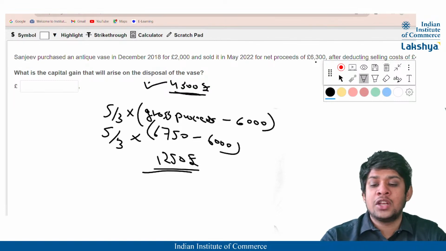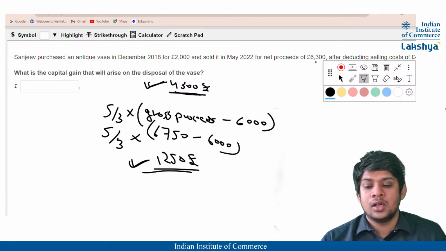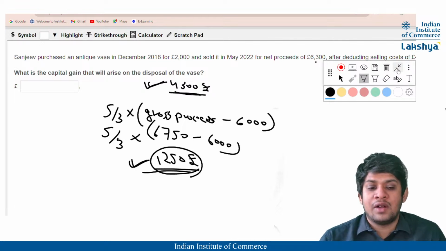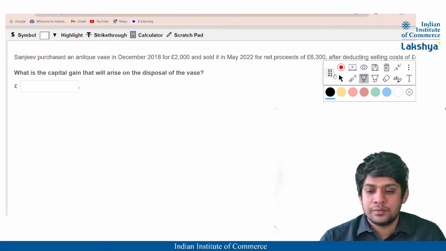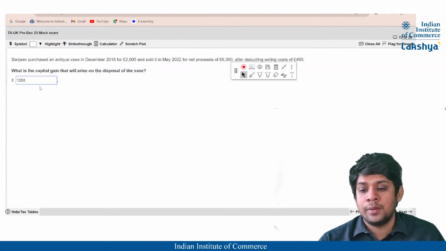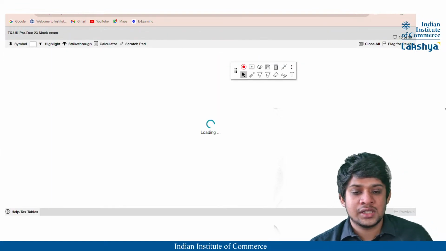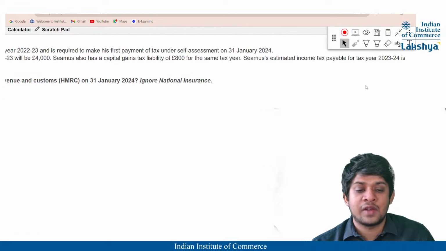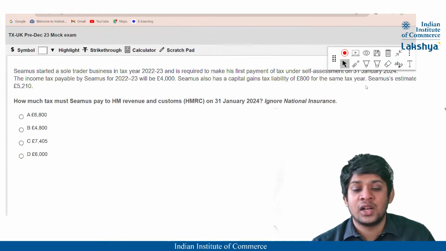As per the normal calculation it is 4,300; as per the 5 by 3 calculation it is 1,250 pounds. You take the lower of these two, and thus your chargeable gain will be 1,250 pounds. I hope it is clear to you all. If you have further doubts, you can go through the chapter on capital gains special rules for an individual.